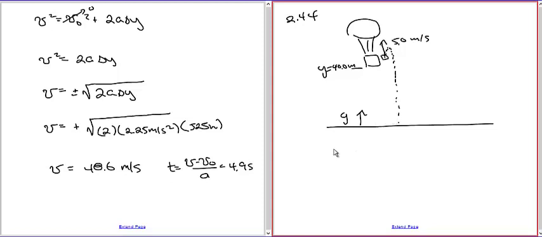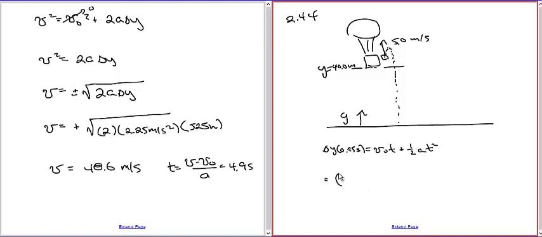So to do that, we can calculate delta y, and that's delta y from 40 meters. So we're going to add what we get here to 40 meters. So delta y of 0.25 seconds, we have v0 t plus 1/2 a t squared.